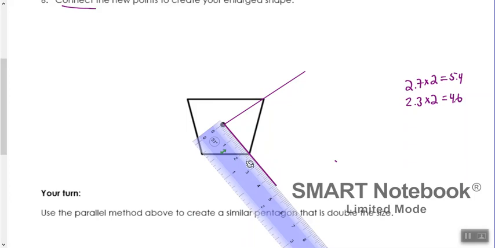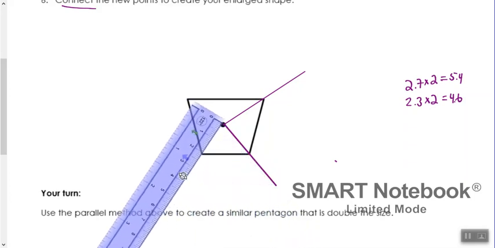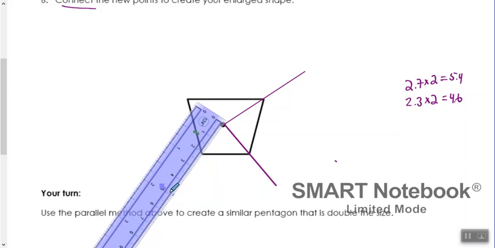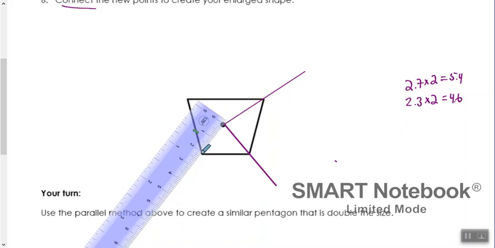Okay. Next, the next vertices. From 0 to about 2.1. So 2.1 times 2, and we get 4.2.